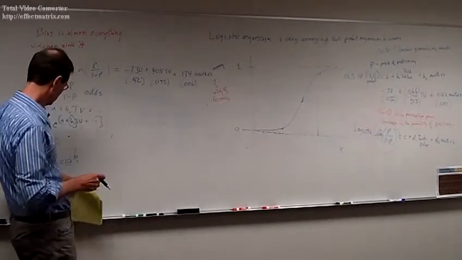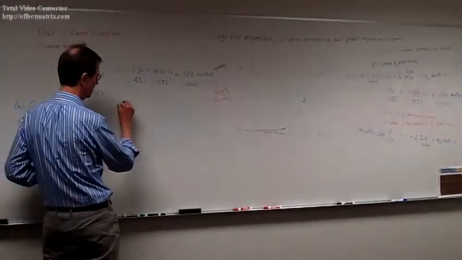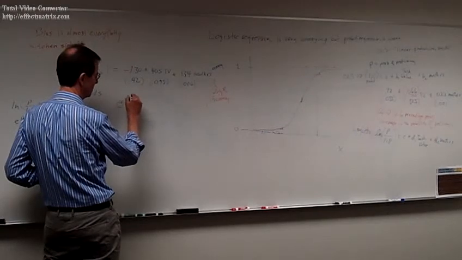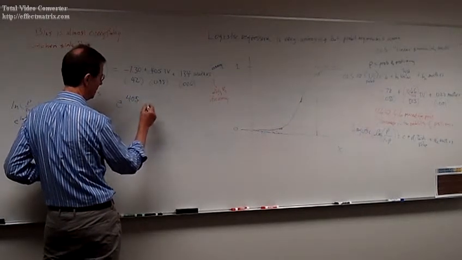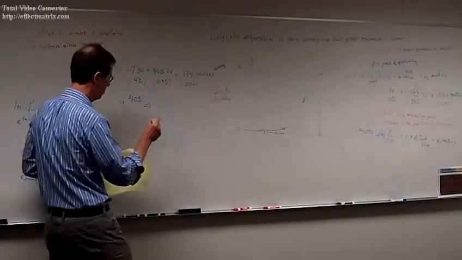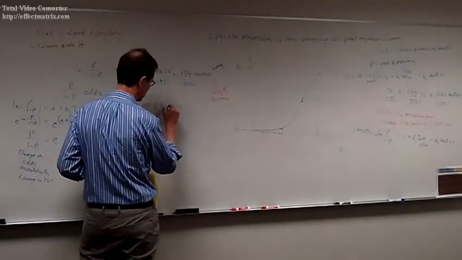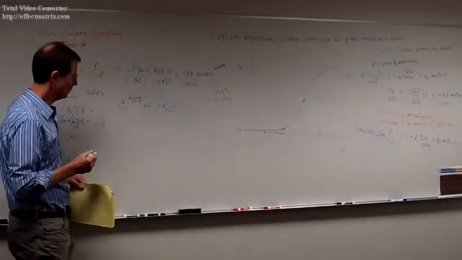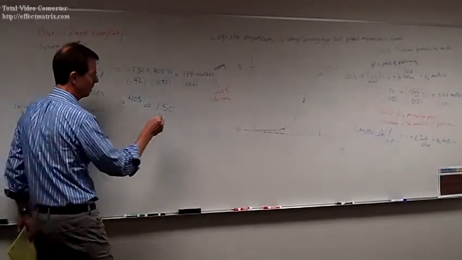On the other hand, if you exponentiate 0.405, you get 1.50, right?